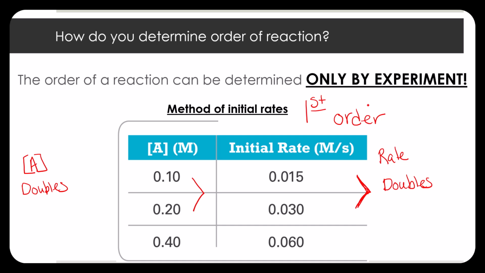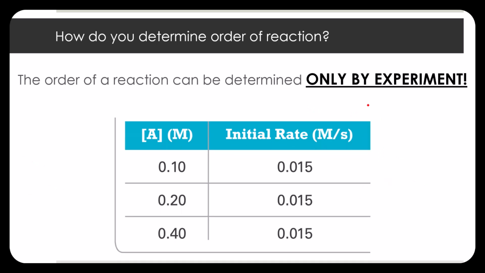All right, so now we're going to look at a completely different experiment. It's still going to say A. Let's pretend it's something different, okay? So a completely different experiment, a completely new set of trials, and see if we can determine the order of this reaction. Same thing going on here.